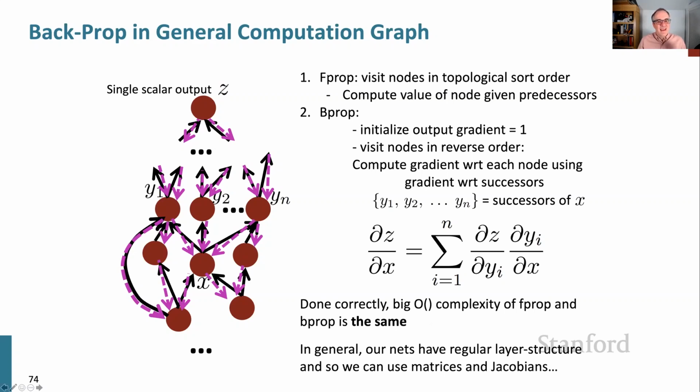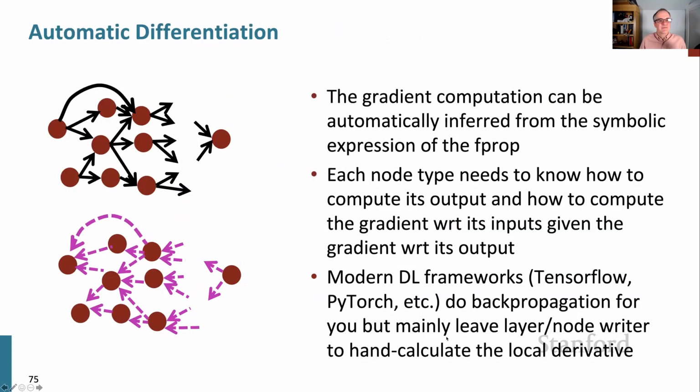So once we're using that kind of regular layer structure, we can then parallelize the computation by working out the gradients in terms of Jacobians of vectors and matrices, and do things in parallel much more efficiently. Okay, so doing this is then referred to as automatic differentiation.